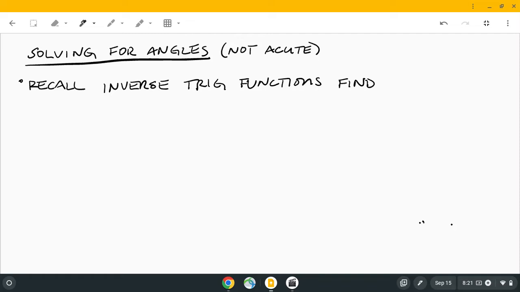Okay, find. Recall that inverse trig functions find angles.